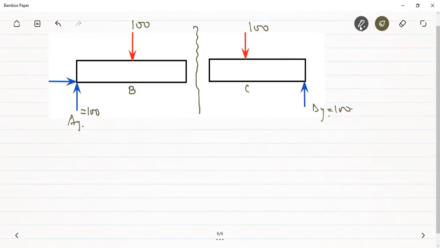Now considering the left hand side of the section, to find the shear force at this section, we have to take the algebraic sum of all the external forces, including the support reactions. 100 is upwards and 100 is downwards. What is the net force at this section? It is 0.